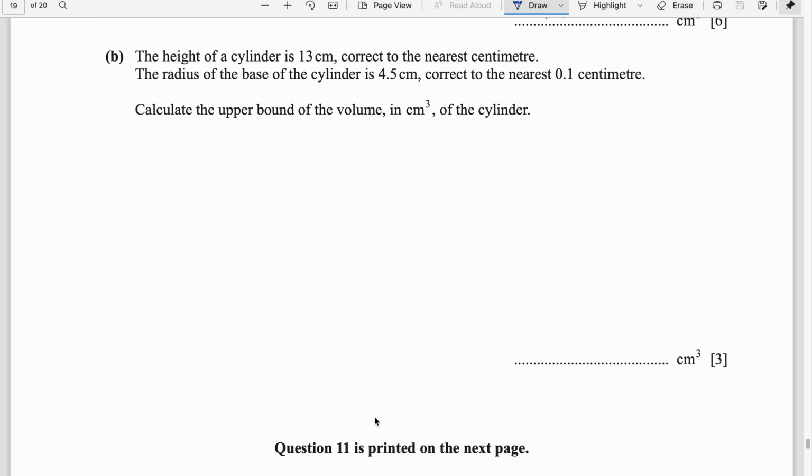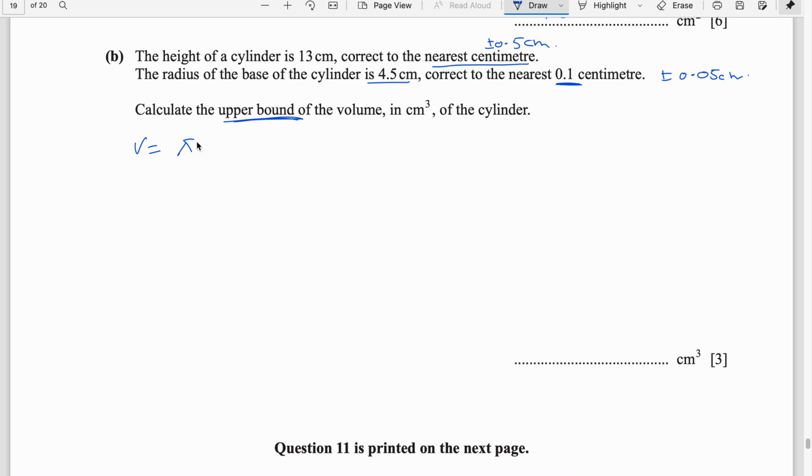B part. The height of a cylinder is 13 centimeters correct to the nearest centimeter, that means plus minus 0.5 centimeter. The radius of the base of the cylinder is 4.5 centimeters correct to the nearest 0.1 centimeter, that is plus minus 0.05 centimeter, half of the accuracies. Calculate the upper bound of volume.